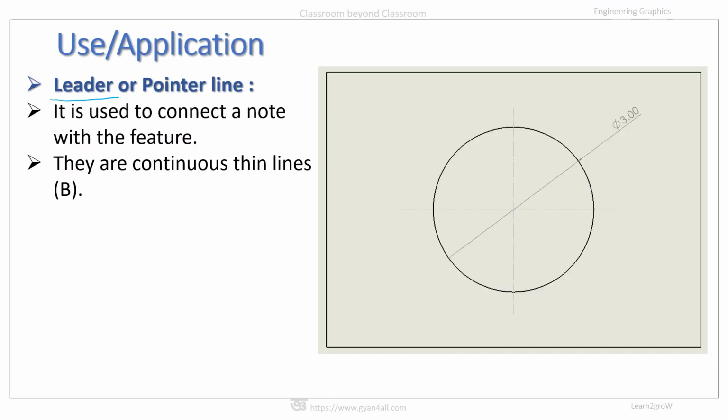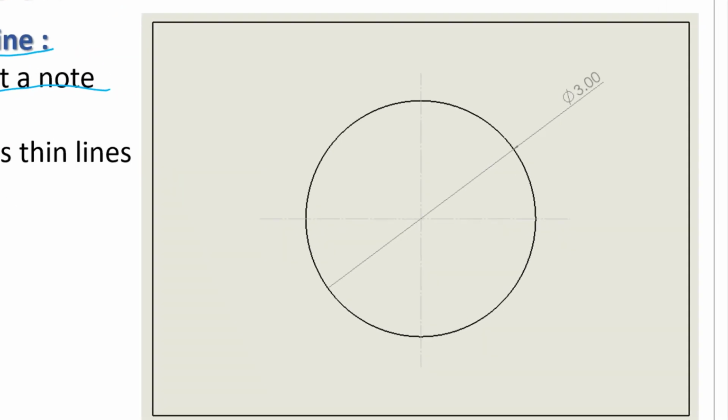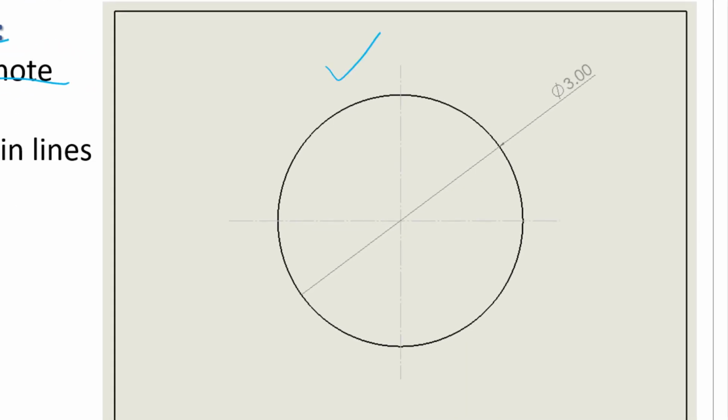Another line is leader or pointer line. It is used to connect a note with the feature. This is a dimension actually. This is the dimension, and this dimension is for the diameter of this object or diameter of this circle.